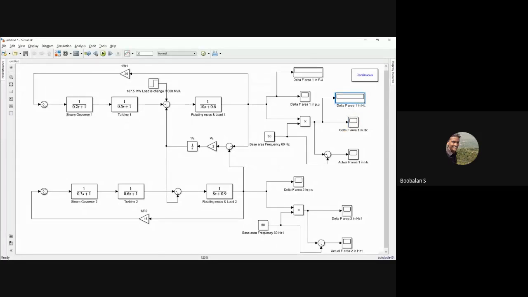If some same name variable வந்துச்சுன்னா capital யூஸ் பண்ணிக்கோங்க, right? Actual frequency.